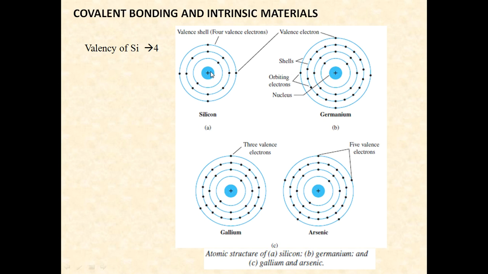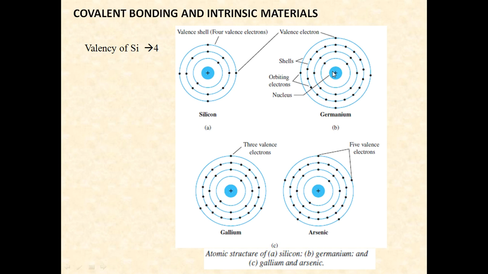Well, at the core we have the nucleus, then the first shell, second shell, and the third shell. If you carefully observe, the first shell has 2 electrons, the second shell has 8 electrons, and the outermost shell has 4 electrons, thereby giving the valency as 4.